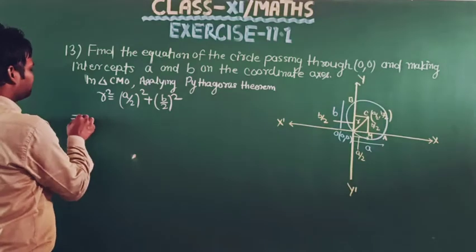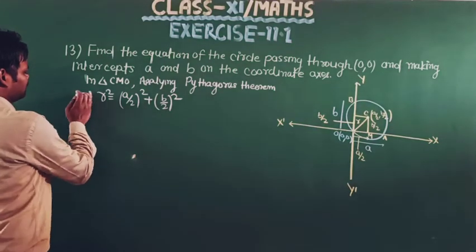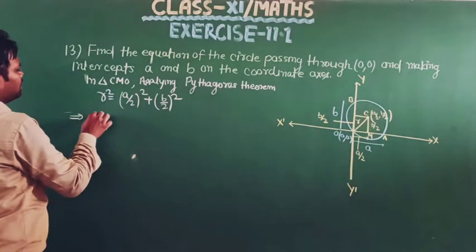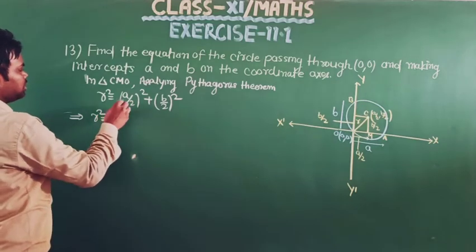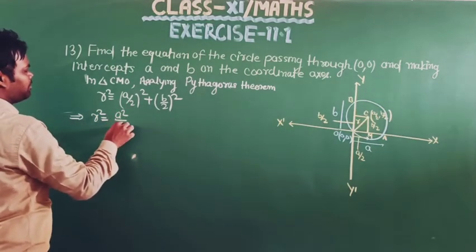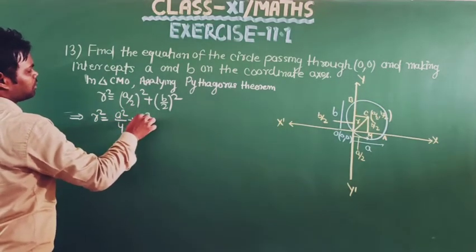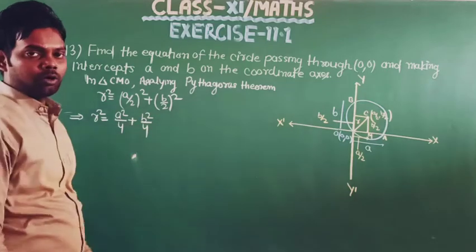This implies r square is equal to A square by 4 plus B square by 4.